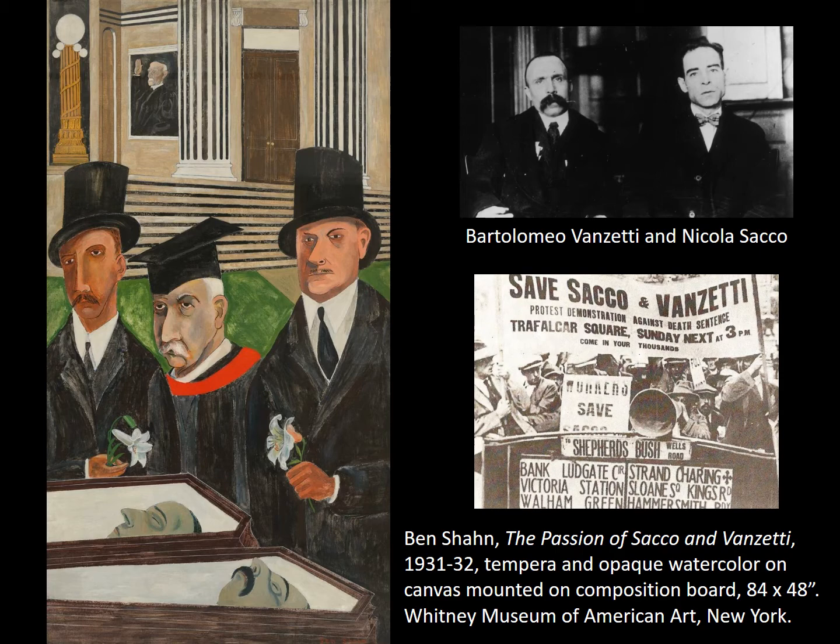Three weeks later, two men were arrested, a man named Nicola Sacco and Bartolomeo Vanzetti, who were a shoemaker and a fish peddler, and they were charged with the crime. So the trial went on, and a lot of people saw a lot of unfairness with the trial. First of all, there were witnesses that said the men were nowhere near the crime at the time, and they were largely ignored.